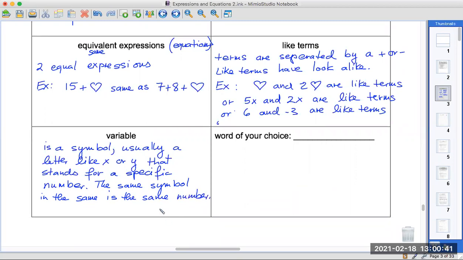Okay. So a symbol takes the place of a number. And then a word of your choice, I want to use combining like terms. You'll hear that a lot. Combining like terms means you add or subtract them. Remember, like terms are the ones that are alike.